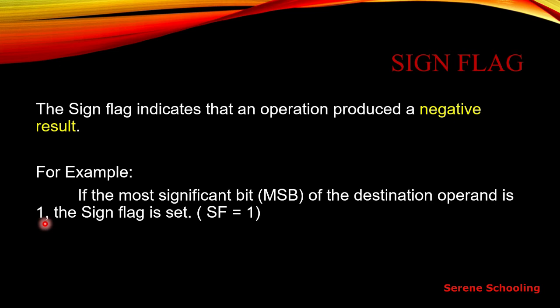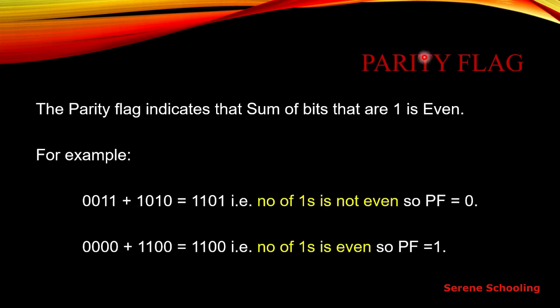In this case it is 1, which means the value is negative, so the sign flag is set to 1. If the most significant bit is 0, the sign flag would also be 0, which means there is no sign.